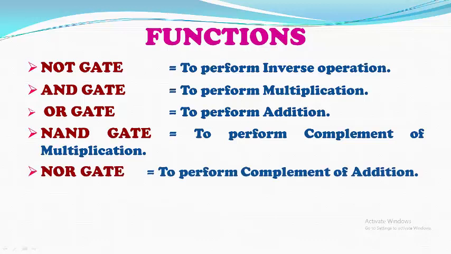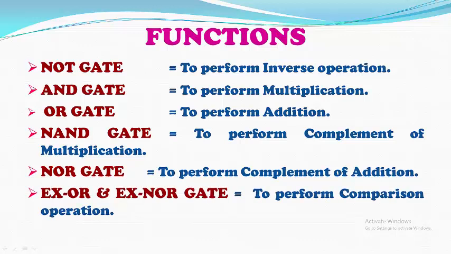After that, NOR gate. This NOR gate is derived from this basic OR gate, which is used to perform the complement of addition operation. XOR and XNOR gate. These two gates are used to perform the comparison operation. These are all about the functions of all logic gates.